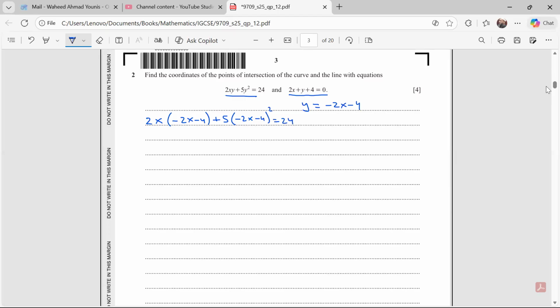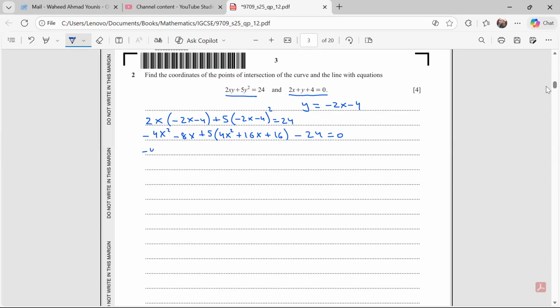This will become minus 4x squared and minus 8x. And this will become, let me open the bracket first, 5 times, and the negative will become positive because of the square. So it will become 4x squared plus 16x plus 16, minus 24 equals 0.